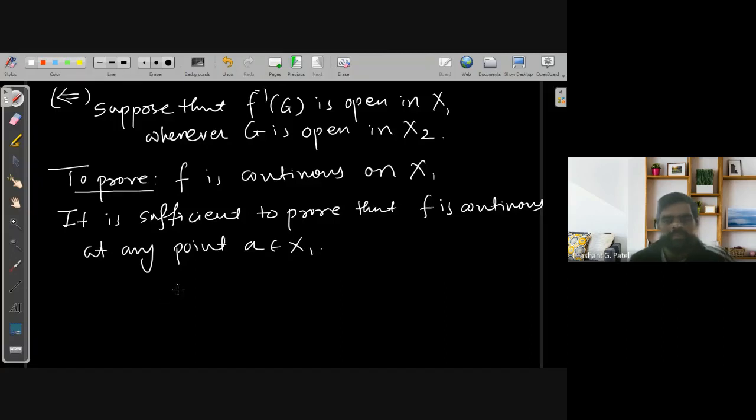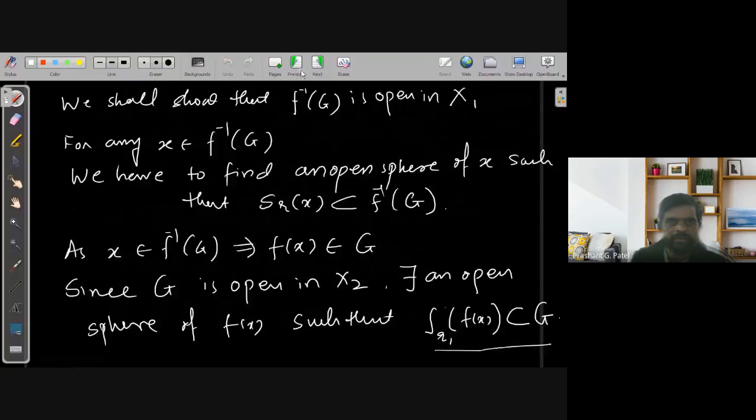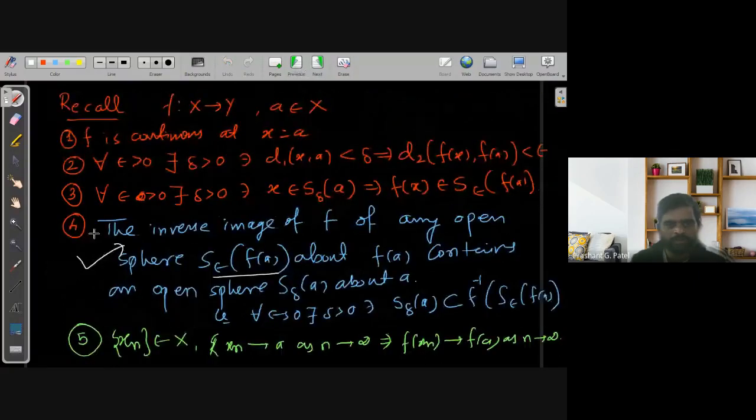So what we'll start with: ultimately I am using the previous result, the inverse image of a sphere, that is the fourth statement that we have here. So for any open sphere about f of a, we'll prove this statement.